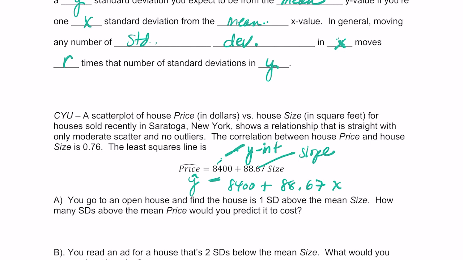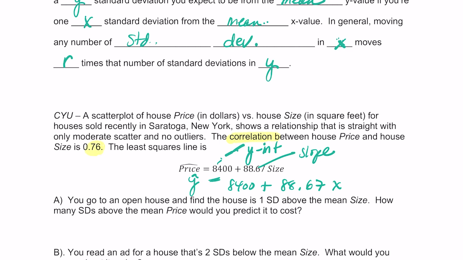So you go to an open house and find the house is 1 standard deviation above the mean size. How many standard deviations above the mean price would you predict it to cost? If I go back to what I just wrote down, moving any standard deviations in x moves r times the number of standard deviations of y. So what's r? It told me that r is 0.76.